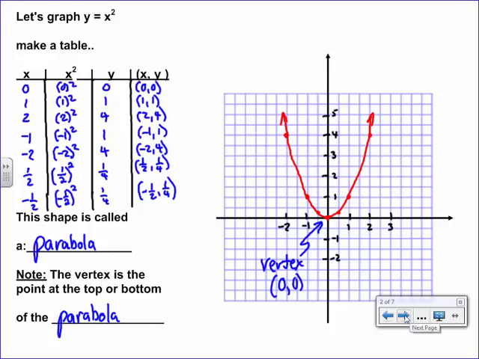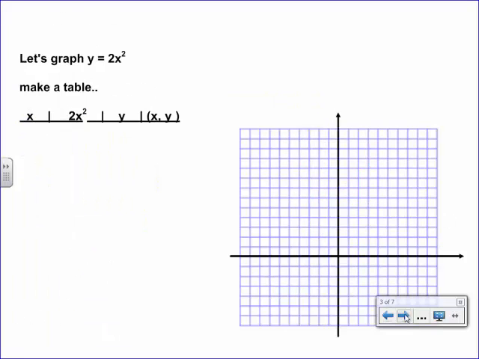All right, let's try another one. Let's graph y equals 2x squared. And this one, we'll just go one block on our scale equals 1.